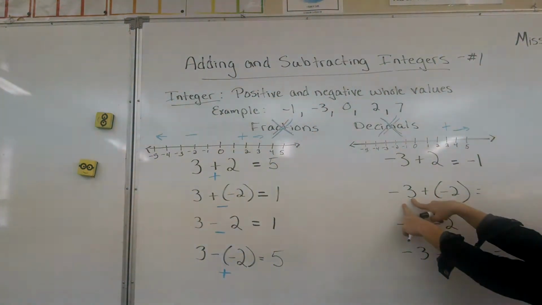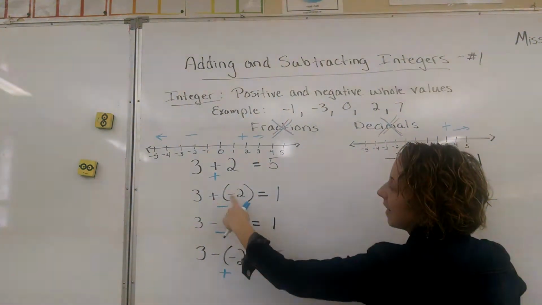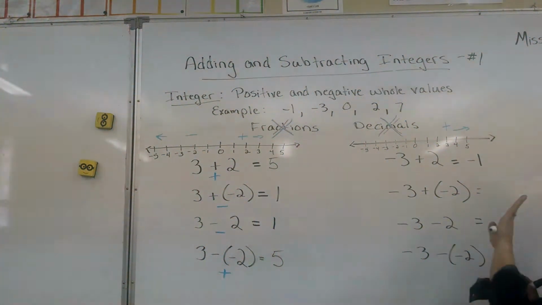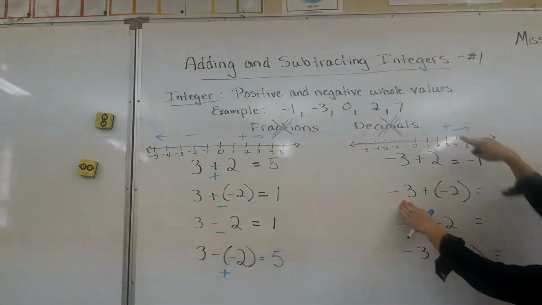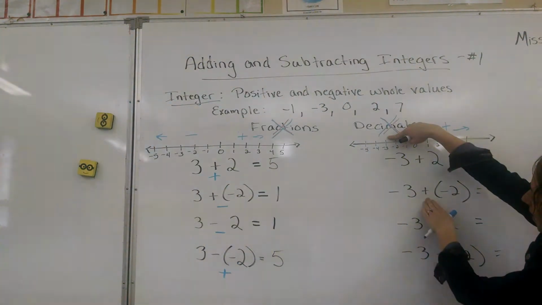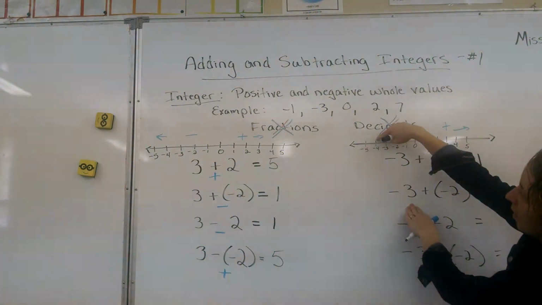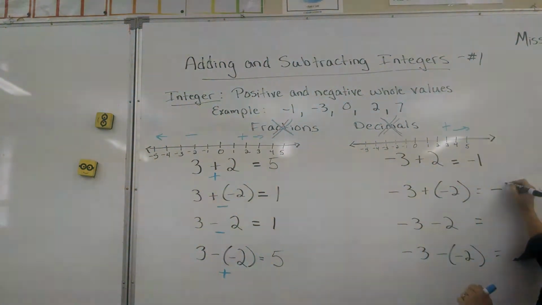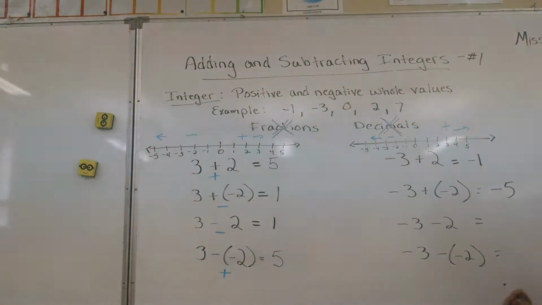If I start at -3 and I add a negative, remember when I added a negative, I was moving in a negative direction. So if I start at negative 3, and then I move in a negative direction, I add negative 2 more, 1, 2. I'm going to end up at negative 5. Here's our negative direction. Negative goes that way.